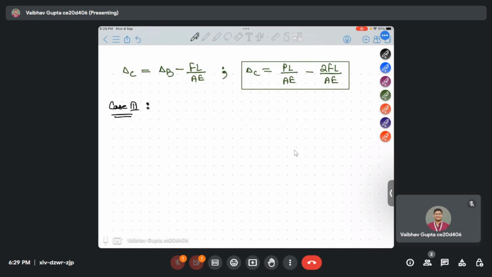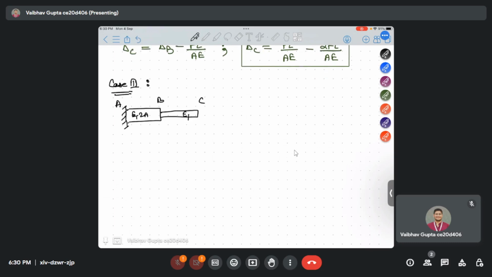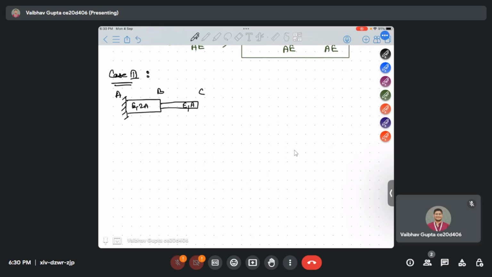So what does case 3 say? Same thing here, points A, B, C. Same E, 2A, E, A, length 2L, length L. Now here one support has been given, and this is the delta gap.